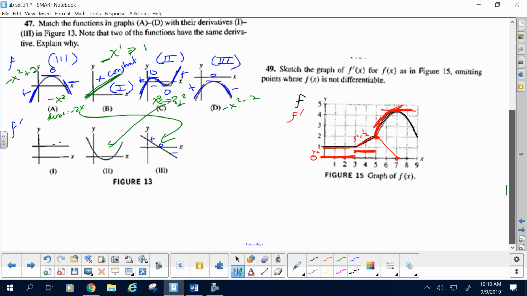So like that. Okay? Then these slopes, little negative, bigger negative, bigger negative. So what are they going to look like right of 7? Negative is below the axis. Does that make sense, though, that the derivative of a negative x squared would be a negative line? Yeah. Negative sloping line.